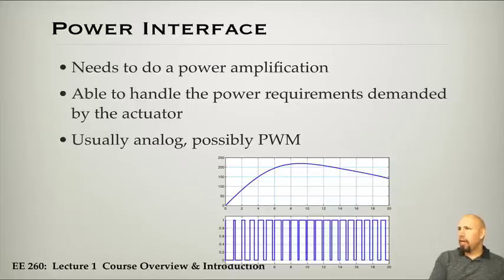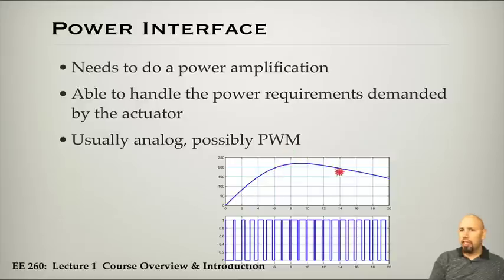The power interface, in many cases, will require analog, but the Arduino doesn't have an analog output. So we may need to use something called pulse width modulation, and we'll talk more about this. Pulse width modulation is a way of simulating an analog signal using a digital signal.